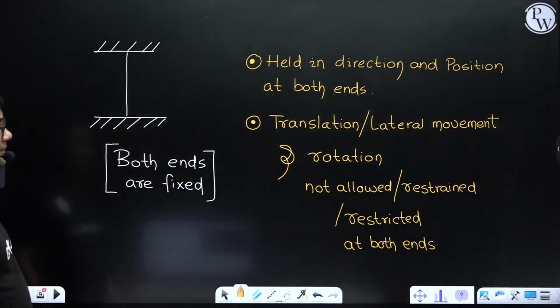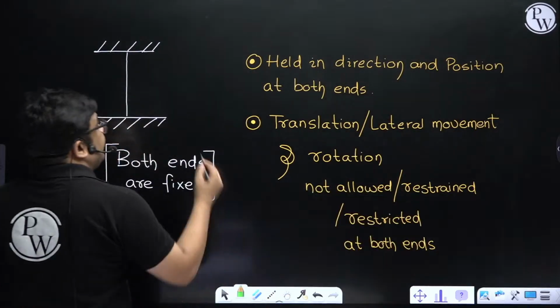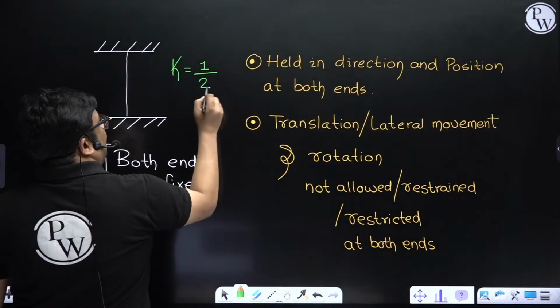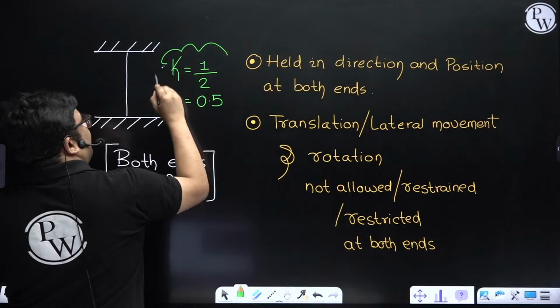Yes, very easy. So in this case, the K is half, or I can say 0.5.